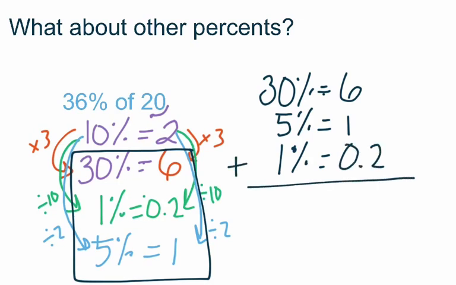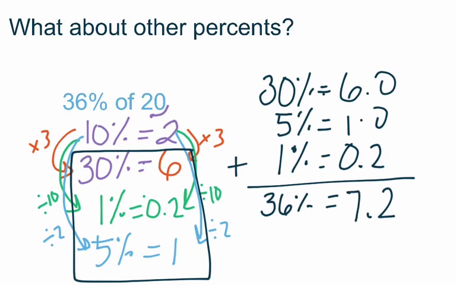If I add everything together, 30% plus 5% plus 1%, that would give me 36%. Okay, and then on the other side, I should add my decimals here, so we get 2/10 first, and then 6 plus 1 is 7. Well, that means 36% of 20 is 7 2/10.